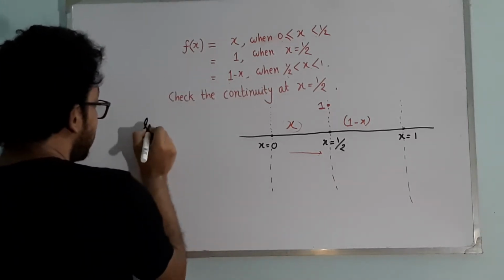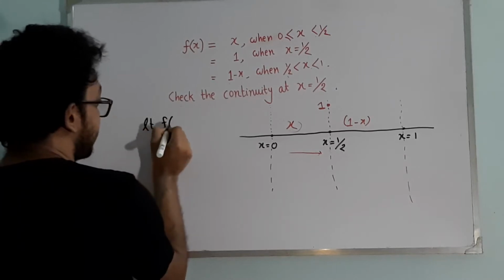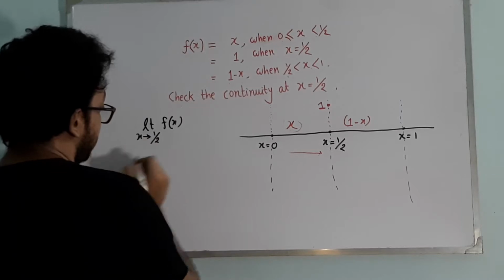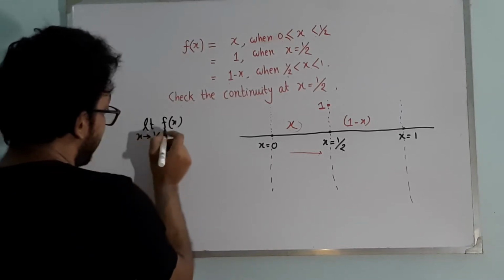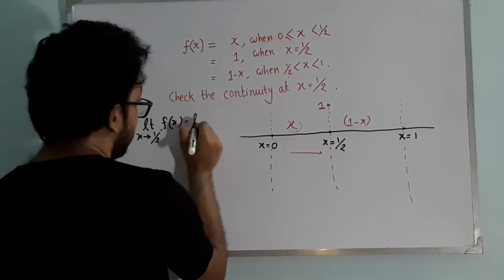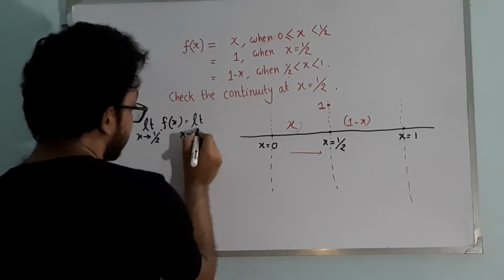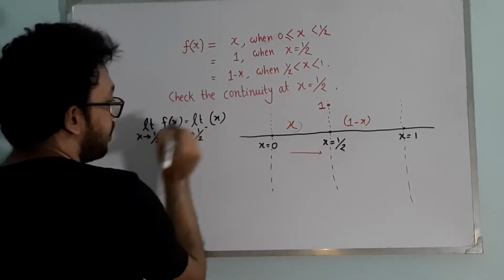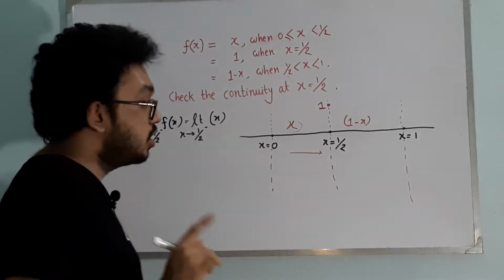So the left hand limit of the function f(x) at x equal to half, which is denoted by limit of f(x) as x tends to half minus, will be equal to limit of x as x tends to half minus, because f(x) will be replaced by x. Why? I am again repeating.